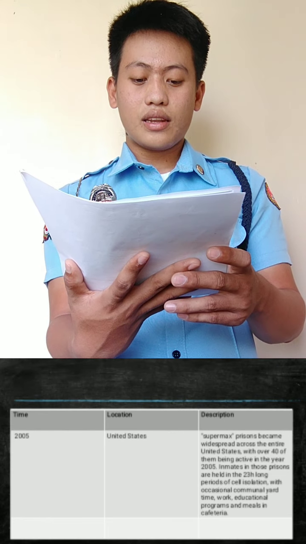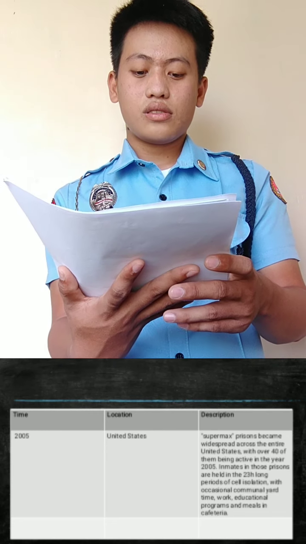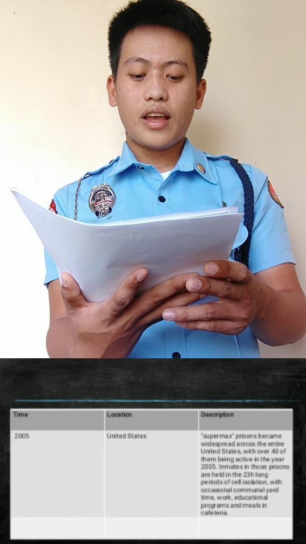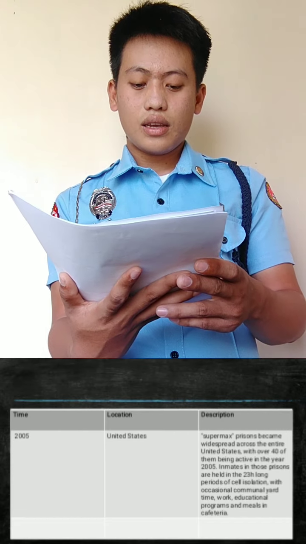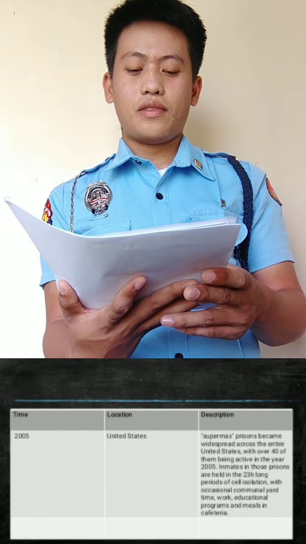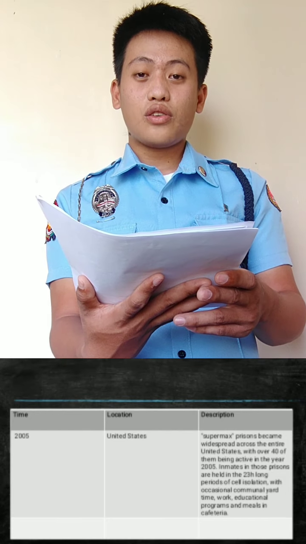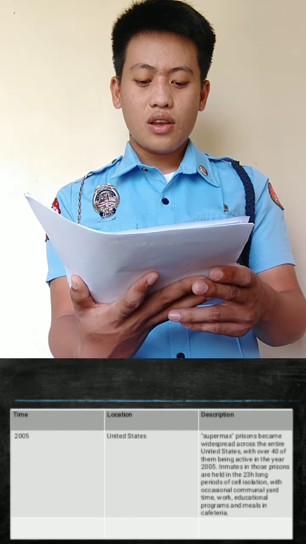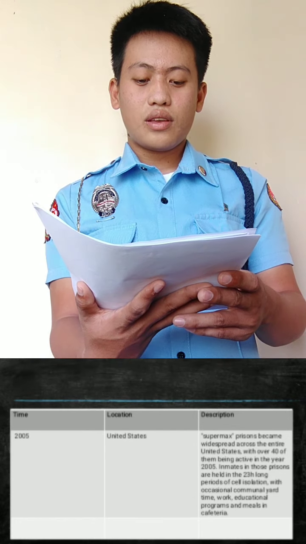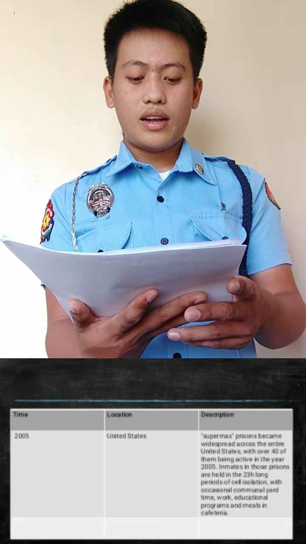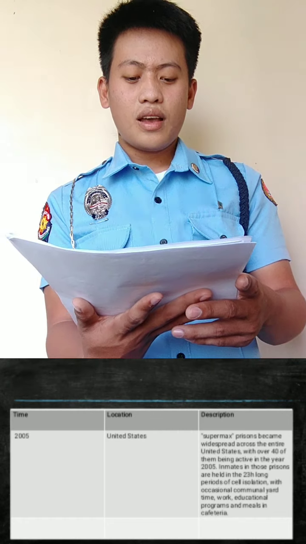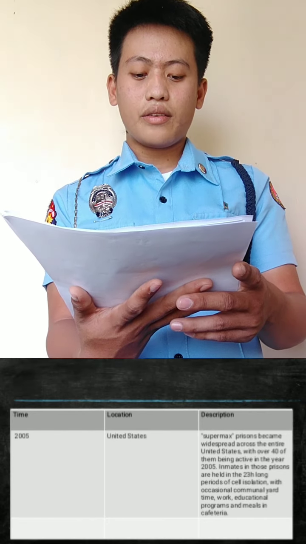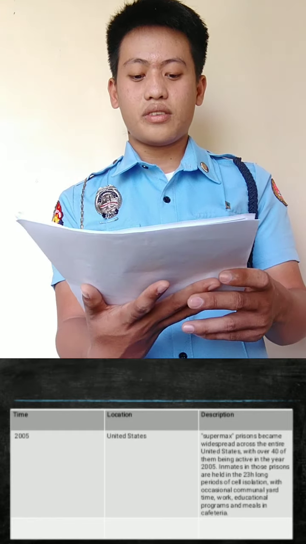Inmates in those prisons are held in 23-hour-long periods of cell isolation, with occupation, communal yard time, work and educational programs, and meals in the cafeteria, which is better for the prisoners.